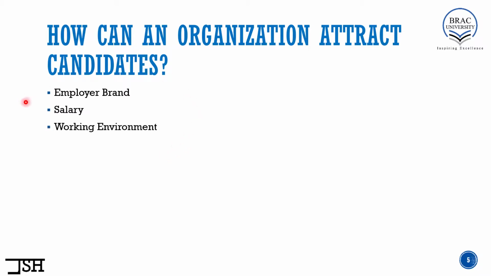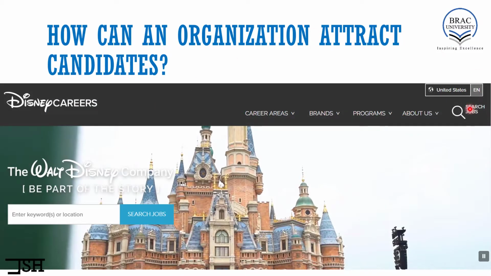What are some of the other factors of attraction? Working environment. So yes, we are attracted to the working environment of a workplace. And we have also the quality of the job advertisement. So yes, if the job advertisement is not attractive, many of us will not be willing to apply for a job. So there are many other factors. Just to give you an idea, even the look of the job website or the career website is very important.